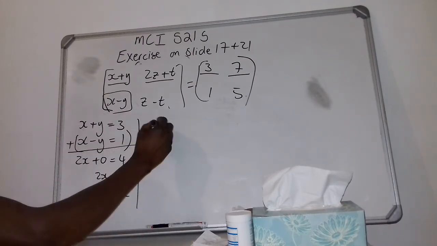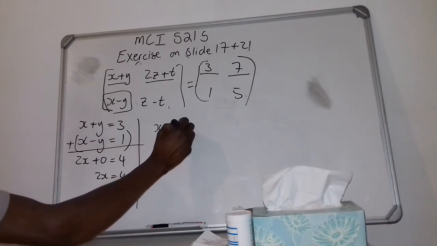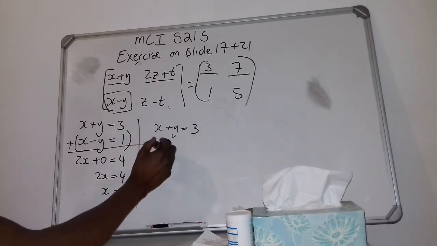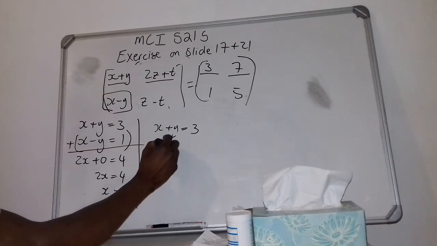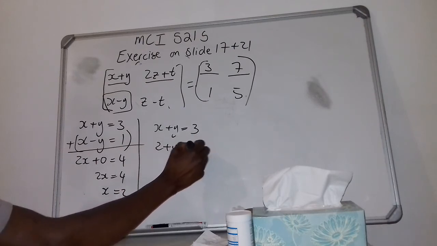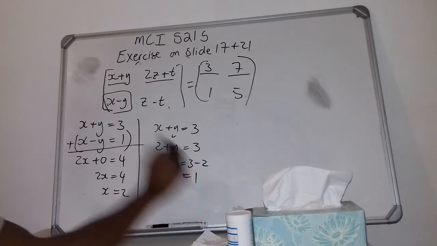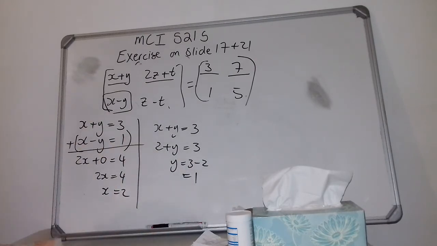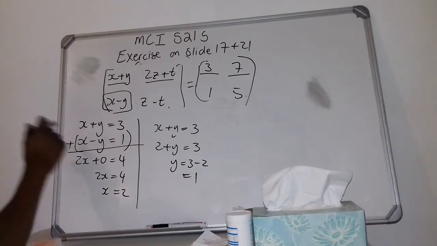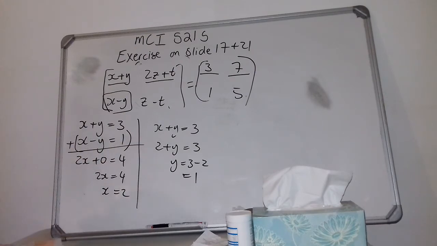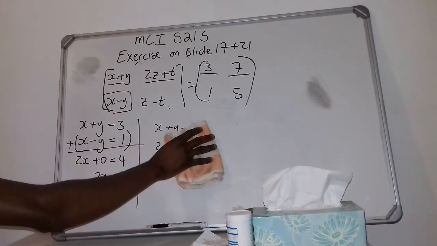I can just take the first equation, or if I want, the second. Then 2 plus y gives me 3, therefore y will be 3 take away 2, which is 1. So that's the answer for the first two equations. You can check if you're right by substituting these in the equations. You must get the answers.